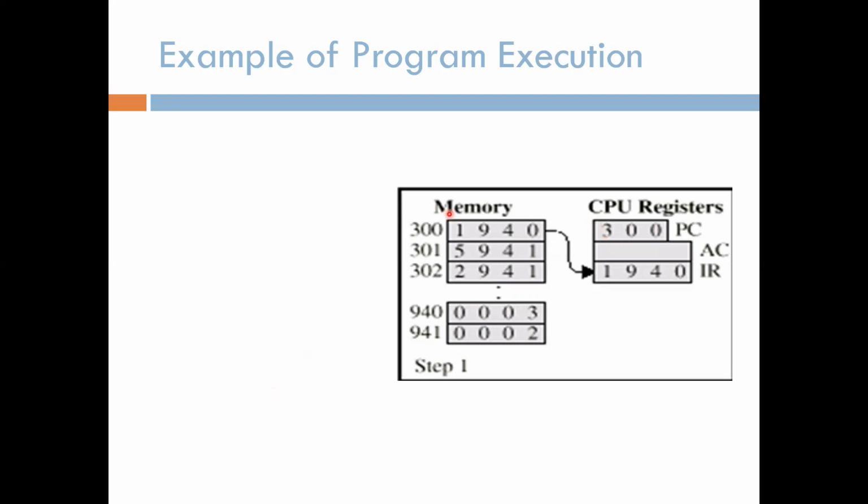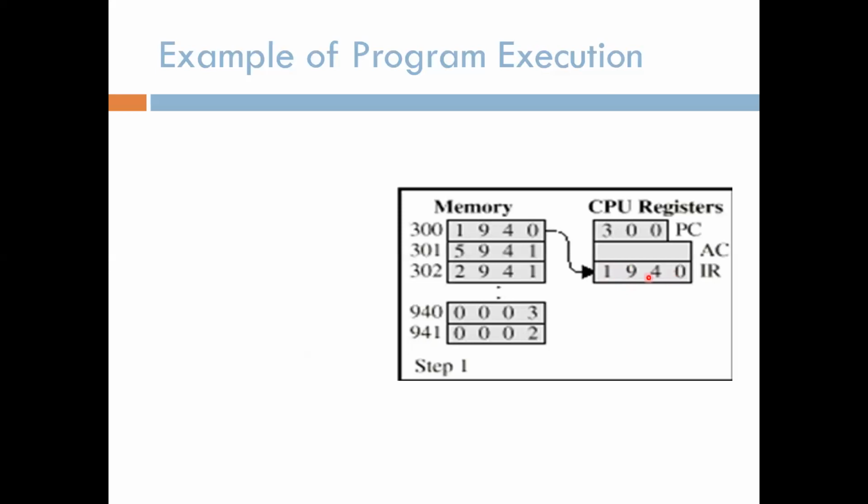So we go to address 300, and we have an instruction in there. The instruction is 1940, and that is loaded into the instruction register. The instruction register takes in this instruction that needs to be decoded. And it just so happens that it's exactly the same example that we had in the previous slides. It's 1940, and you can quickly tell that it says 1, load whatever is at address 940.